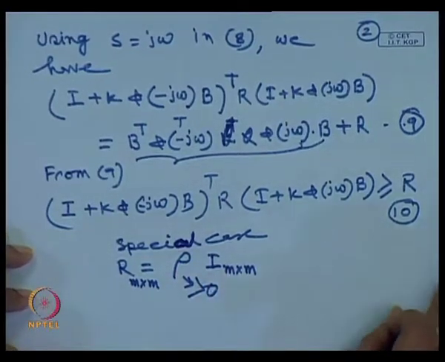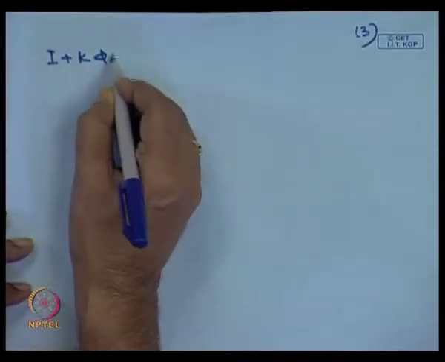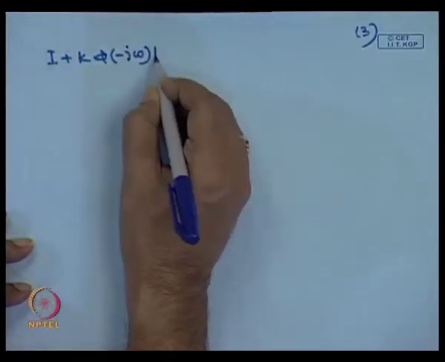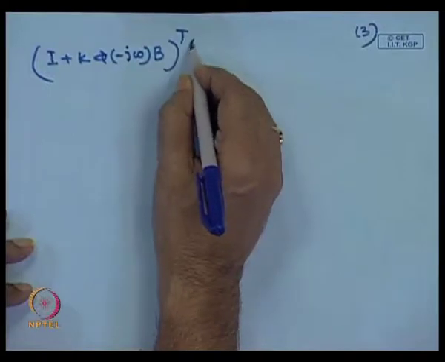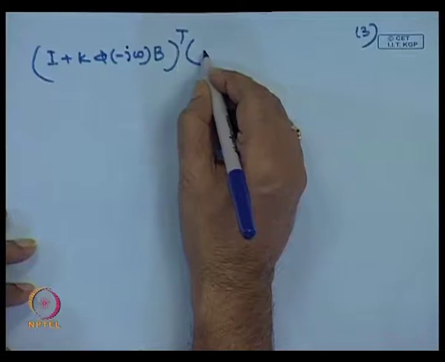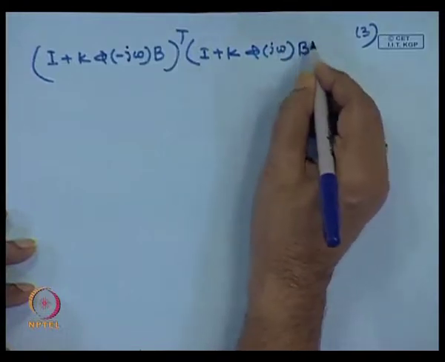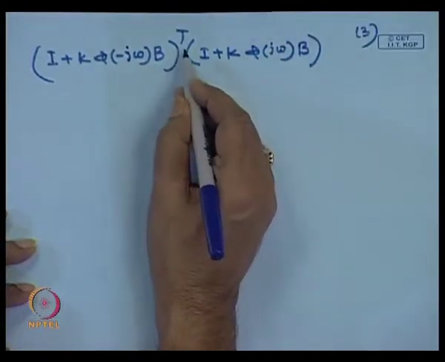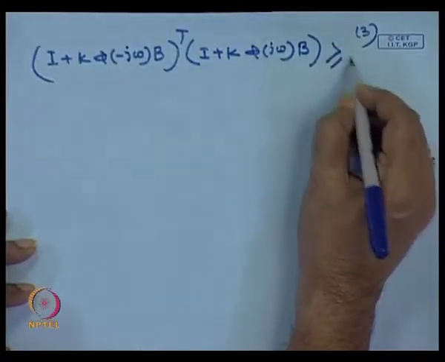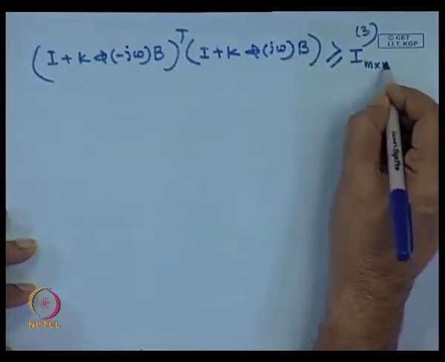From 10 we can write I plus K phi(minus j omega) B, whole transpose, into I plus K phi(j omega) B. Since R is replaced by rho into I, the right-hand side also has rho into I, so rho cancels and it is simply an identity matrix.